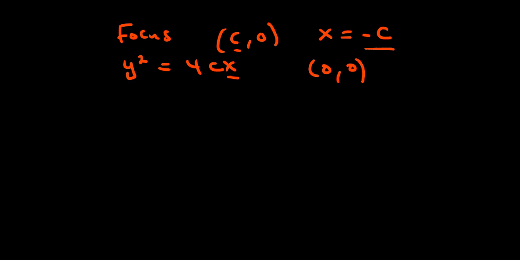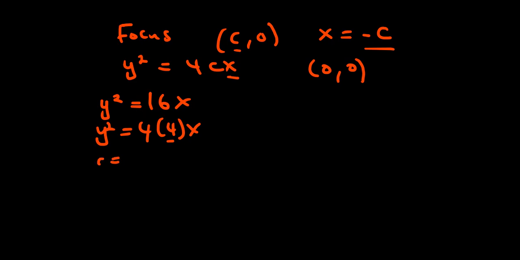Now, let's say you have y squared equals 16x and you're told to sketch this. What are you going to do? You factor out the 4, so y squared equals 4 times 4x. Your c is 4.